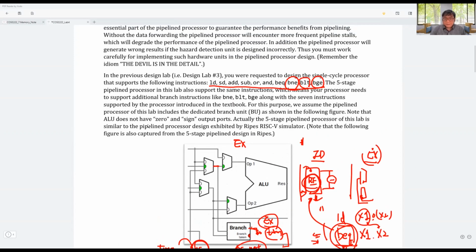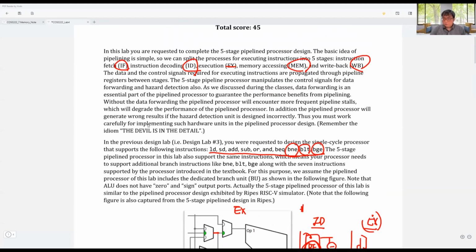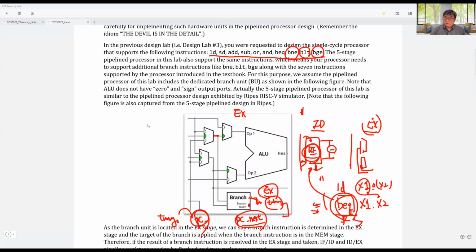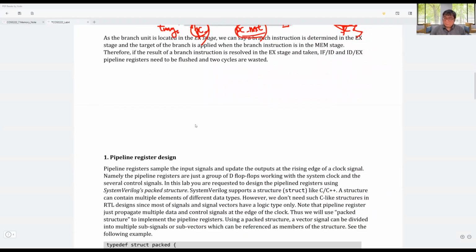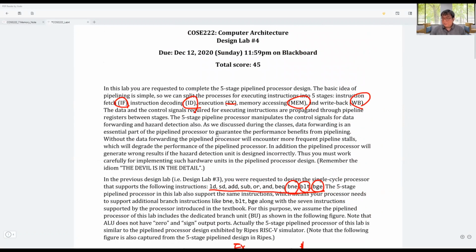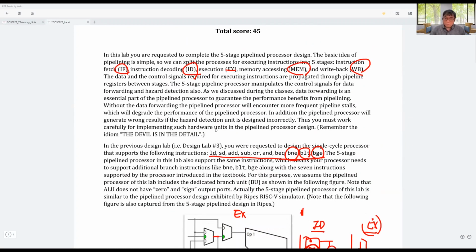In this final design lab, you will be requested to implement the 5-stage pipeline processor. I also wrote some explanation in this design document, so please read this document thoroughly. It will be very helpful. In chapter 4, I mentioned that the idea of pipelining is very simple, but the details are very complex.